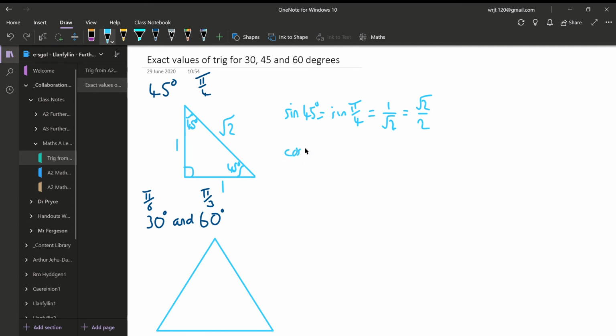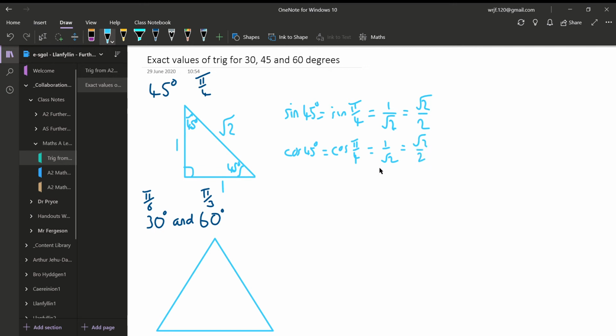Cos of 45, well, since the opposite and adjacent sides are the same, it makes no difference. So cos of 45 or cos of pi over 4, if you're working in radians, adjacent over hypotenuse will give us 1 over root 2 as well, or root 2 over 2 if we want it with a rationalised denominator.